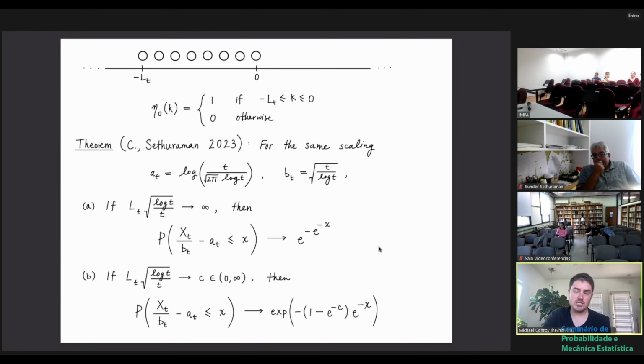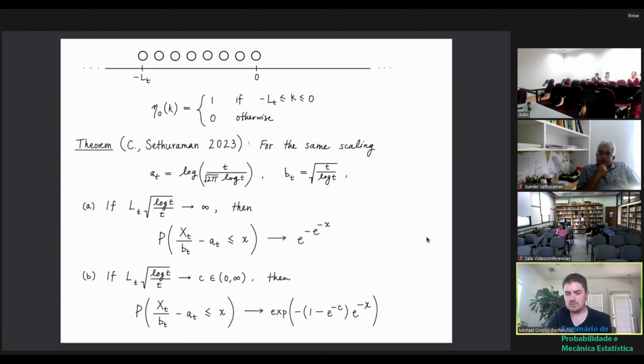There's an edge case where if L_t is on the order of square root of t over square root of log t, then we get a Gumbel distribution again with another shifted mean. So we can interpret this as the influence being of order square root of t over square root of log t back into the mass of particles.